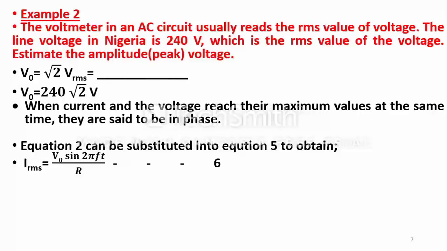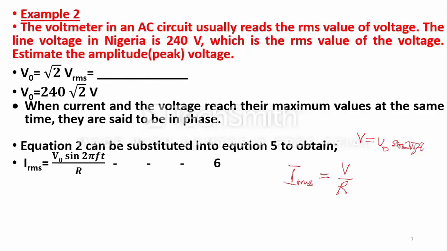Equation 2 said I root mean square equals V all over R. If we are making I the subject from the Ohm's law equation, and since V equals V naught sine 2 pi ft, we have to substitute that value into this expression.